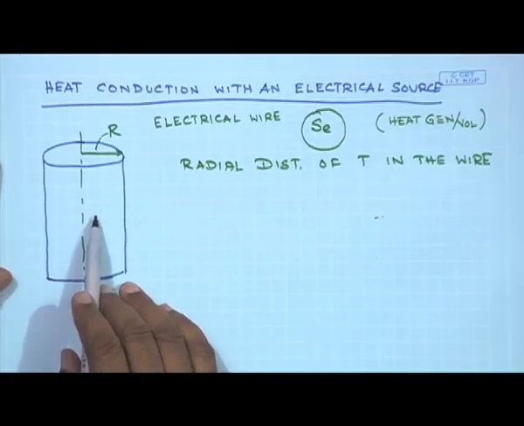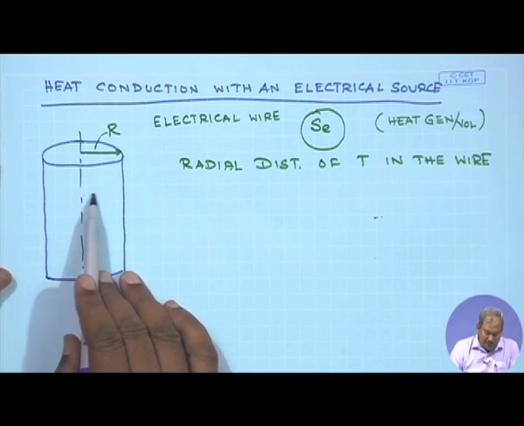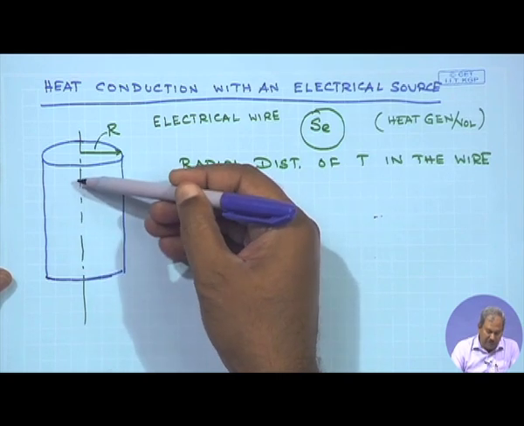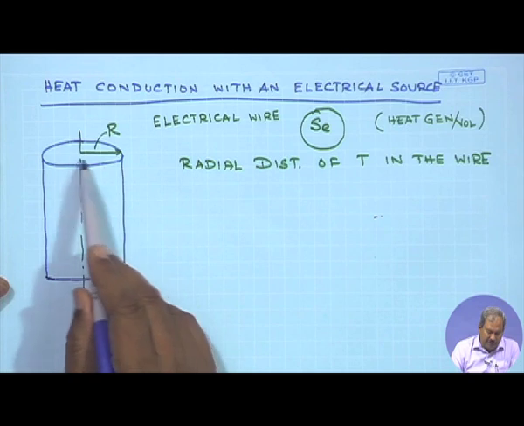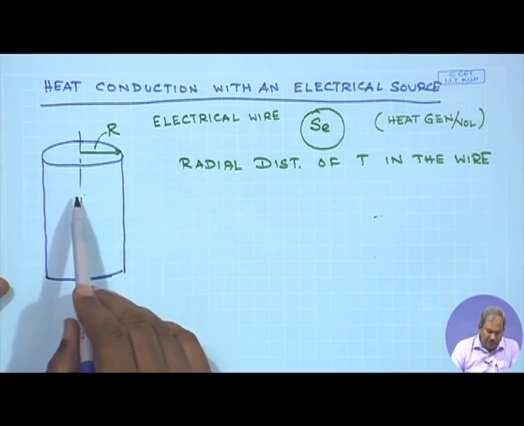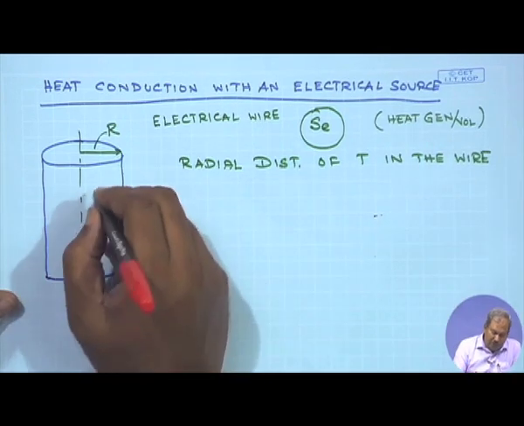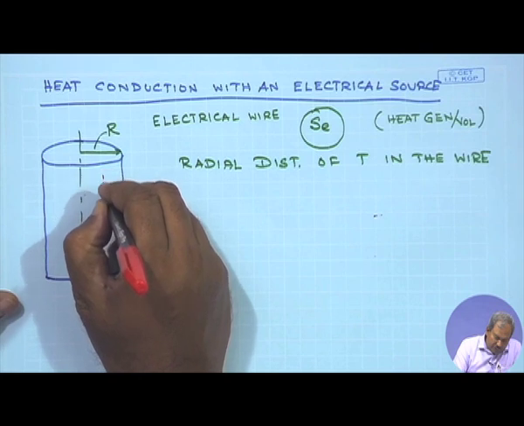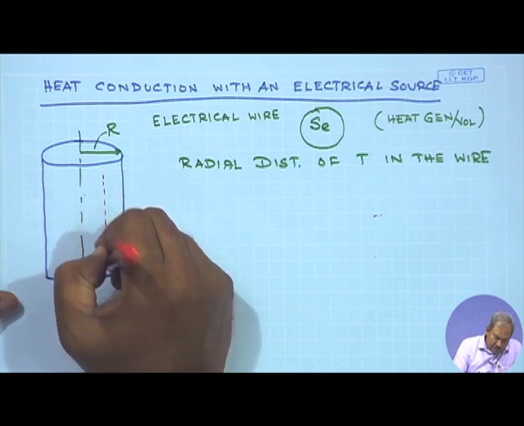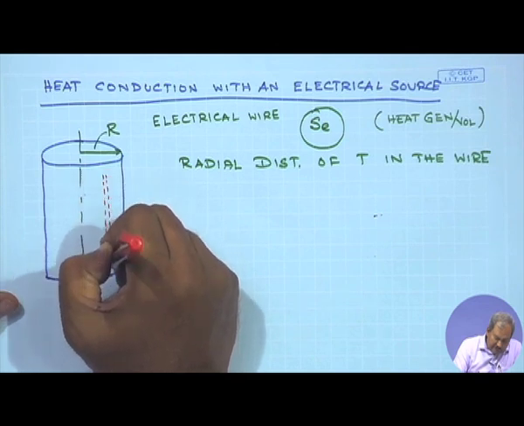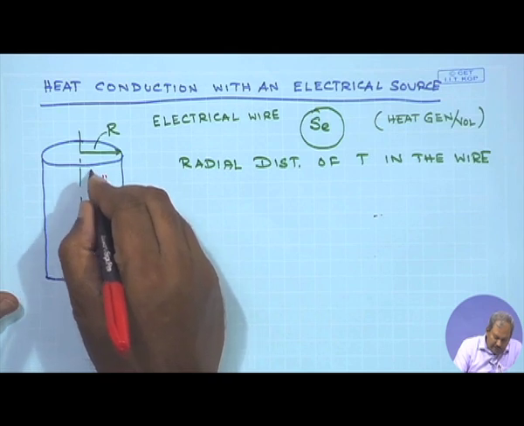So, if you consider the problem at hand, temperature obviously will change with R, temperature will not be a function of Z, and temperature is definitely not going to be a function of theta. So, since the temperature is changing with R, my choice of the control volume should have a thickness which we can call delta R.